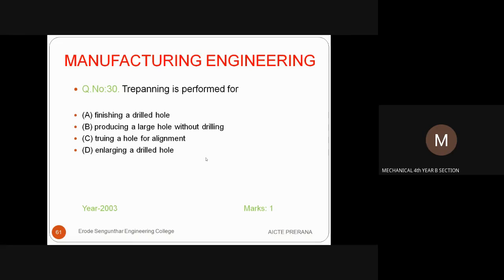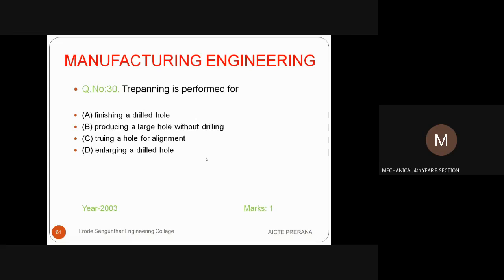If you keep drawing continuously with the center of the compass, at a point the paper will get cut out. That is the trepanning operation. It is similar to drawing a circle with a compass.